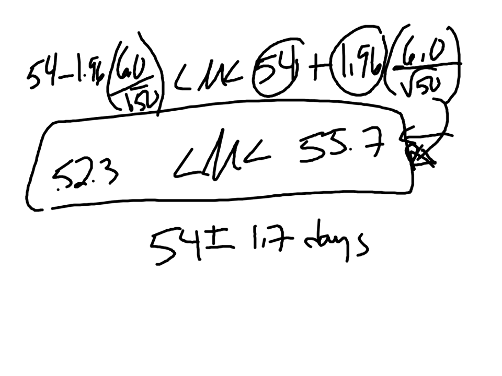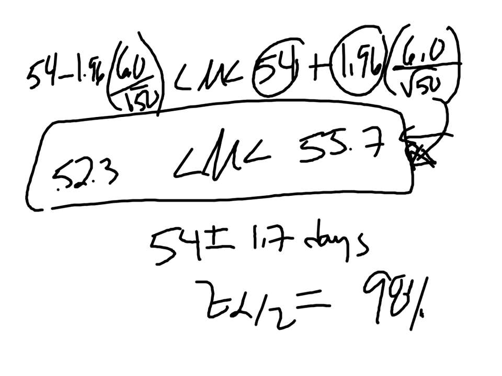And in case you're wondering about the z sub alpha over 2, they give us a problem using the 98th percentile, if we wanted to be 98% sure of where our population mean was. We don't normally use this interval, but I can do an extra explanation on how we get the z sub alpha over 2 values, although, as I mentioned, we keep using the same ones over and over again. Anyway, I'll be back shortly.